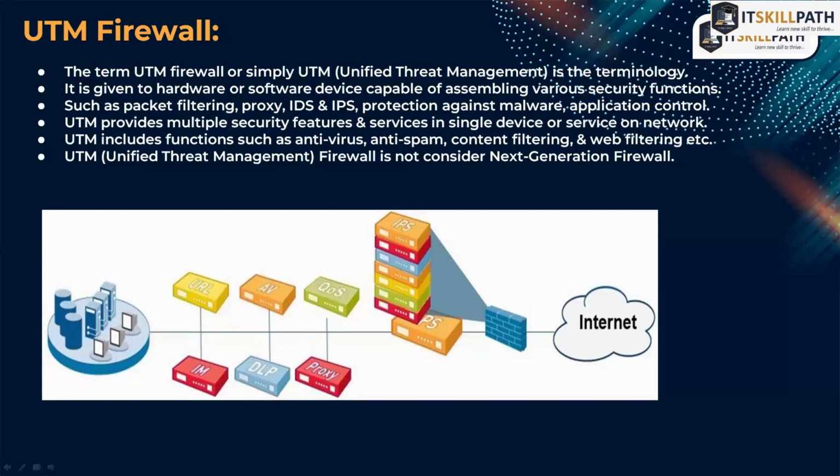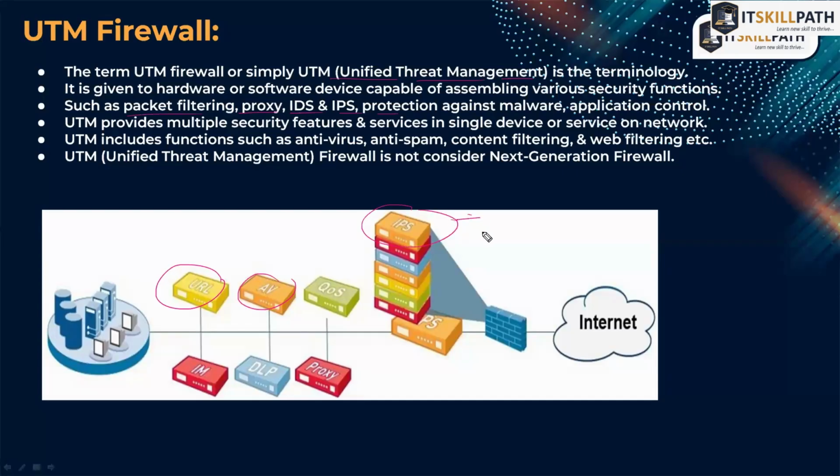Means all kinds of security inspection at one place, unified threat management for packet filtering, proxy, IDS, IPS, all in one. Okay. Means whatever we have discussed, different kinds of firewall, now it has one capability, and extra, it has URL filtering capability, antivirus, IPS. What is IPS?